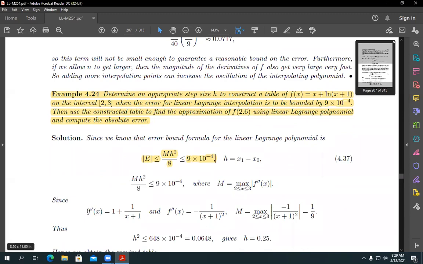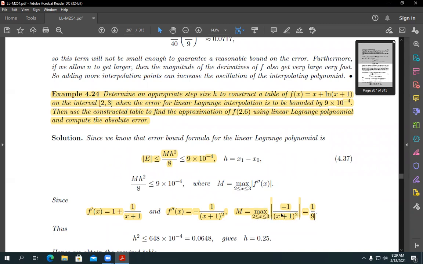So you have to find this, the first derivative of the given function, and this is the second derivative of the given function. Then you need to find the maximum value of the second derivative on this interval. As I told you, when the function's power is negative, the maximum is always at the smallest point, 2.